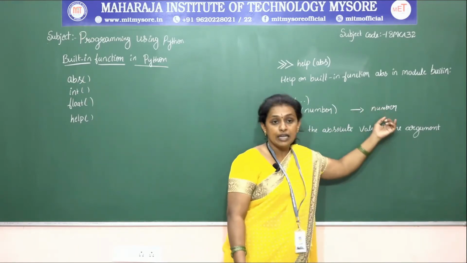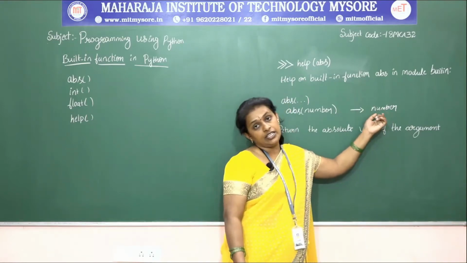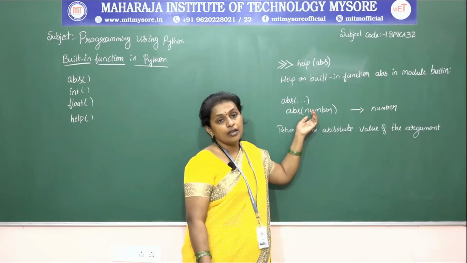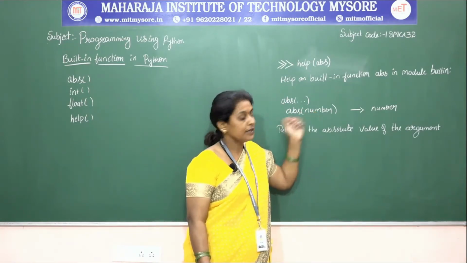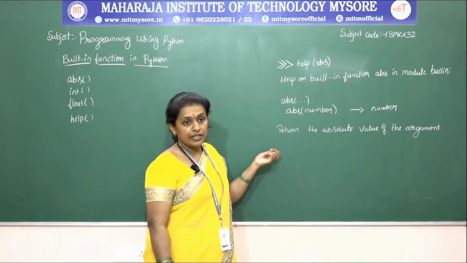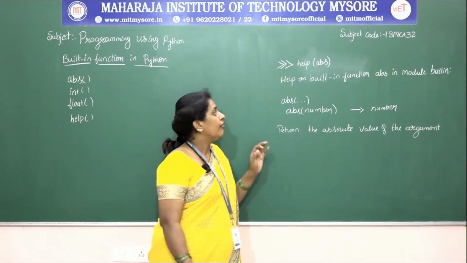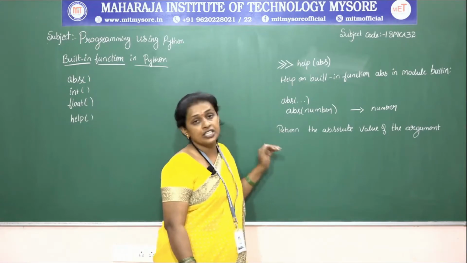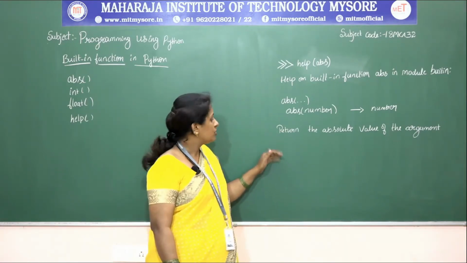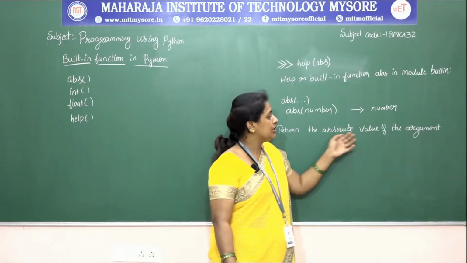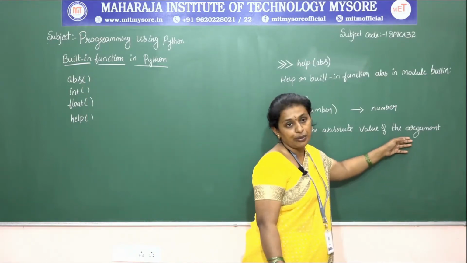So once again it may be either an integer or a float, depending on the absolute value. The last statement is the English description of what the function does: abs returns the absolute value of the argument.